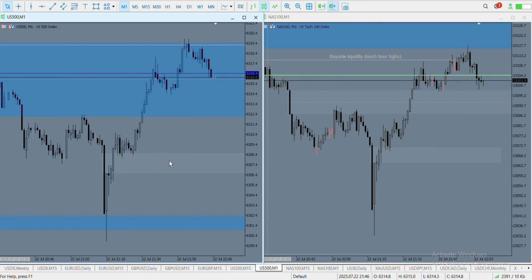I knew that the bias was bearish, and I explained why I was bearish in regards to the weekly range and how price generally trades around specific times. I explained all that.